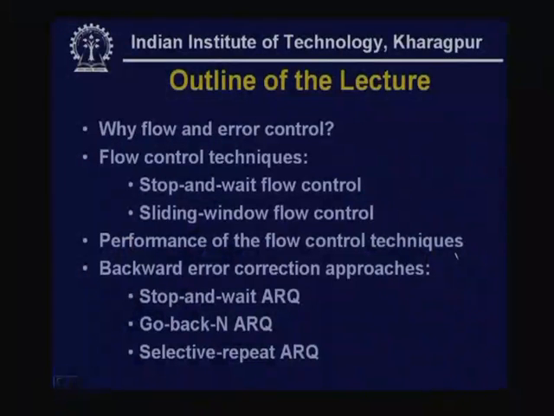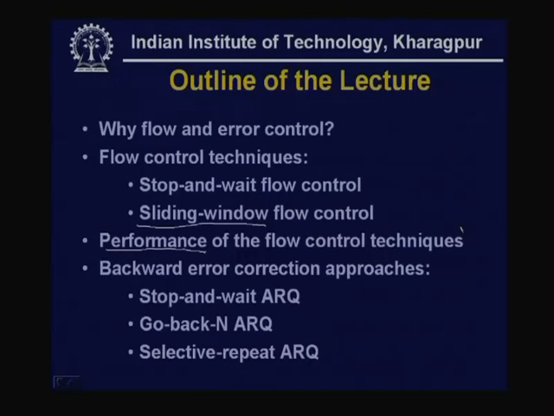Here is the outline of today's lecture. First, we shall discuss why flow and error control is necessary. Then we shall discuss the two important flow control techniques, stop and wait flow control and sliding window flow control. And we shall compare the performance of these two flow control techniques.